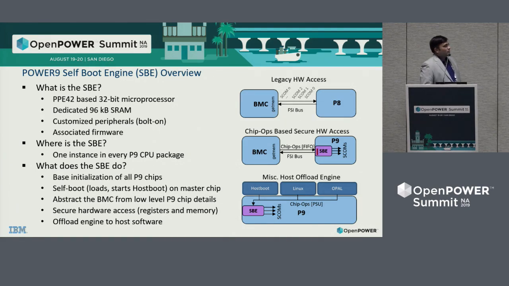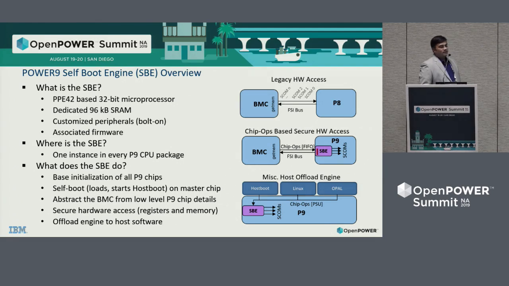So it clearly was not abstracting the BMC from the details of the POWER9 chip. Starting POWER9, we came up with a FIFO interface. The BMC sends a software protocol command over the FSI.